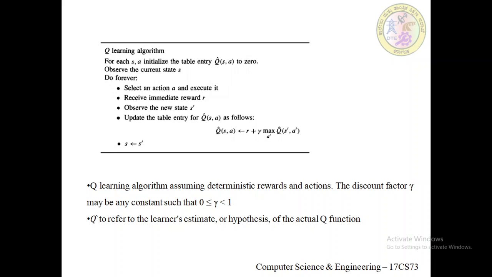Now the algorithm is given here. For each s,a, initialize the table entry Q cap(s,a) to 0, and then observe the current state s and do the following forever: select an action a and execute it, receive the immediate reward r, observe the new state s', and then update the table entry for Q cap(s,a) using this formula: Q cap(s,a) ← r + γ max Q cap(s',a'), and then update the state.